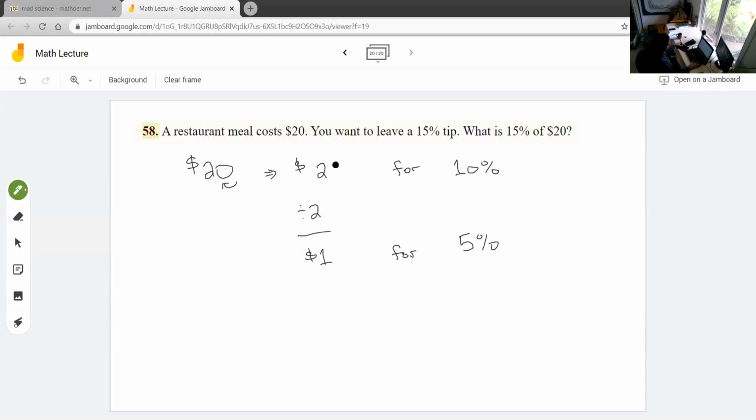And then if I take those two and put them together, I get $3. Questions about impressing your friends at restaurants?